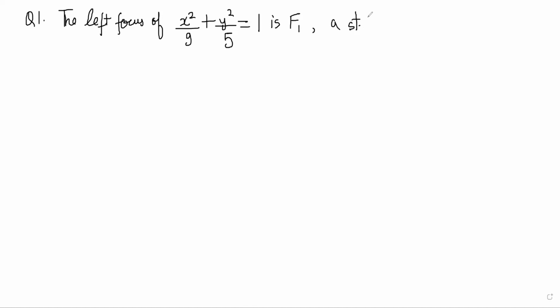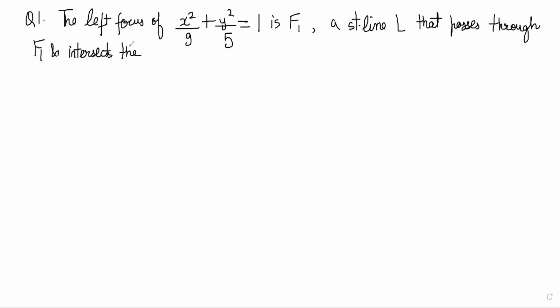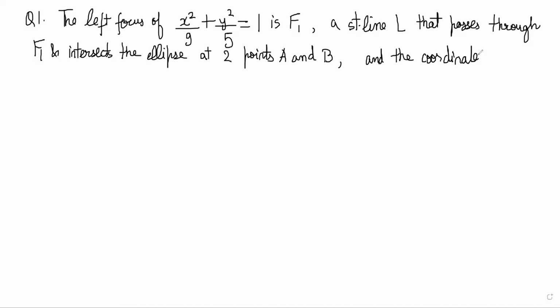A straight line L that passes through F1 and intersects the ellipse at 2 points A and B, and the coordinates of a point Q are minus 9 by 2 comma 0.